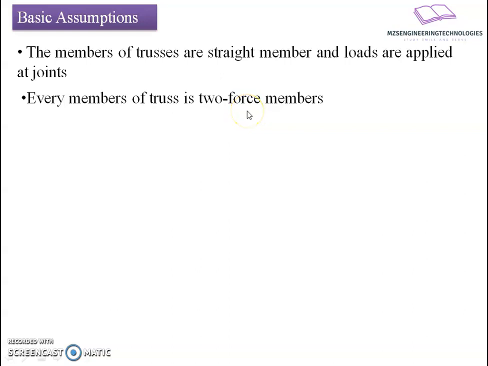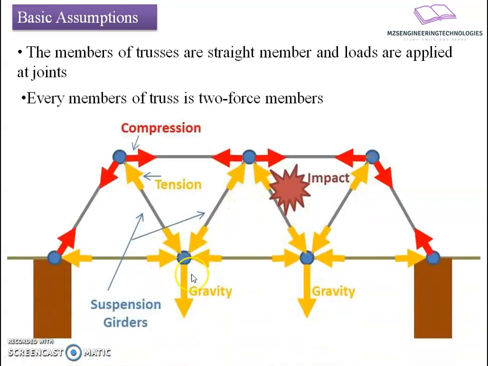Two force member means the member of the truss will have dual action here. For example, if I apply a load at a joint here, let's say the load is a gravity load, then there will be action among this triangular geometry. It will try to deform this triangular geometry. Some members will be subjected to extension and some members will be subjected to contraction.